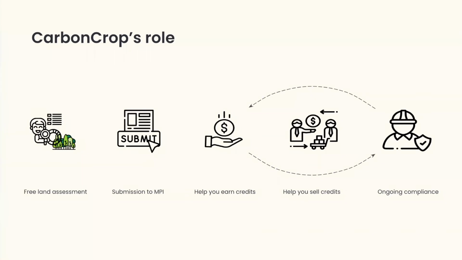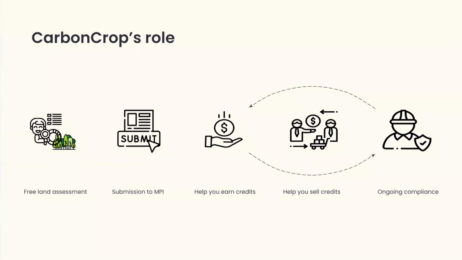Once we've had a look at that and you, as a landowner, indicate that you want to move forward, then we will work with you to collect evidence, and we will put a file together to submit to the Ministry for Primary Industries. Once that is approved by the MPI, then we help you earn credits. Basically, they go into a holding account. It's kind of like a bank account, but for credits. And from that account, we can help you sell those credits on the ETS, so on the marketplace.